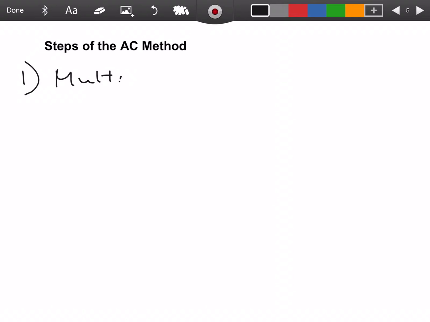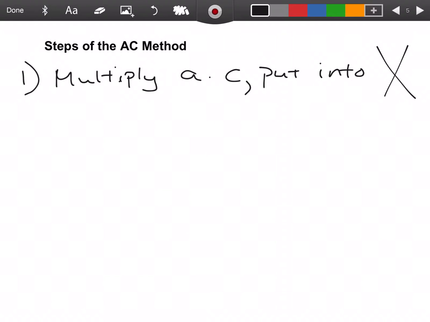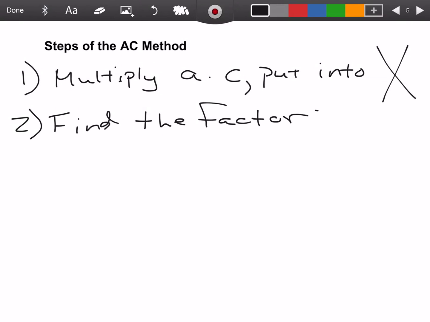I would multiply A times C and put it into the diamond. Then step number 2 would be find the factors. You might want to use your factor sheet for that.